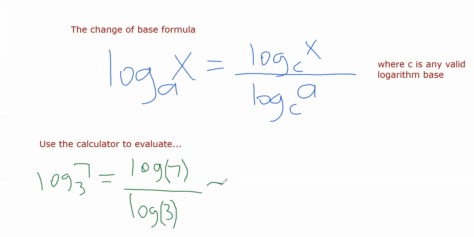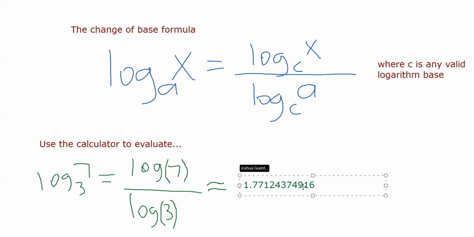And now try punching that into your calculator. I'll punch it into mine, so we can make sure we're on the same page. And you should be getting this number: 1.771243 and so on.